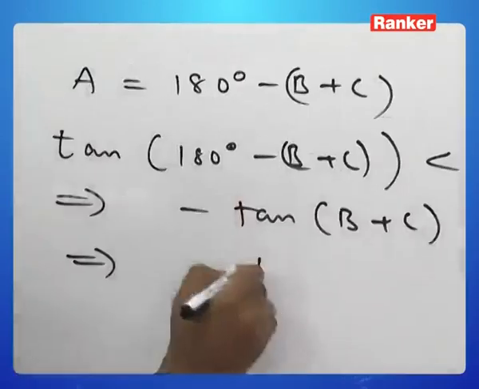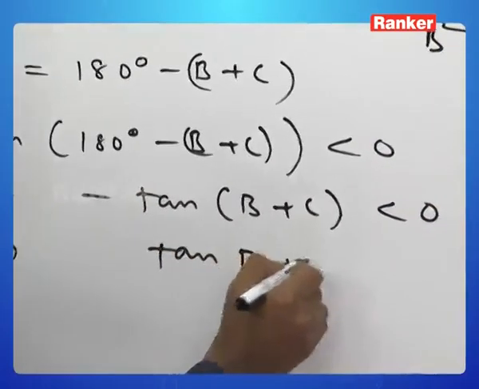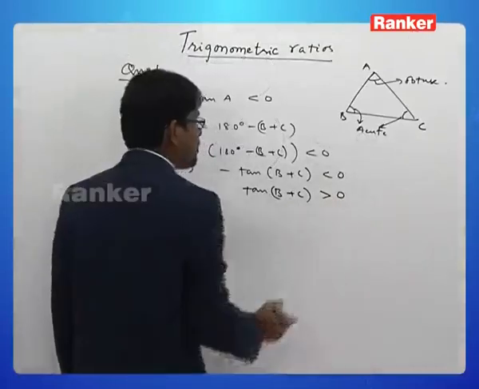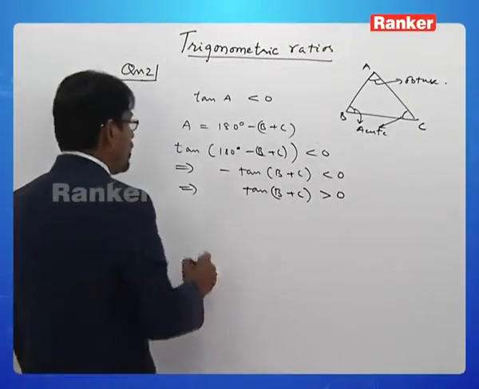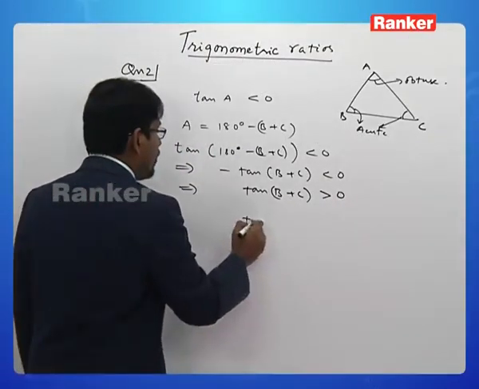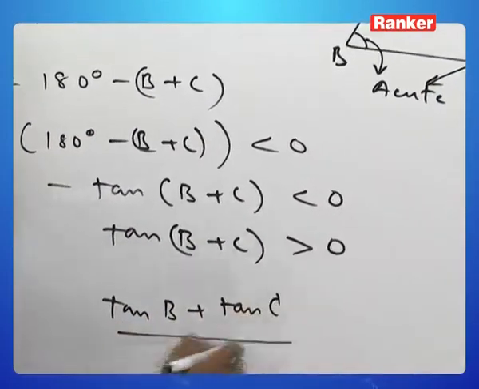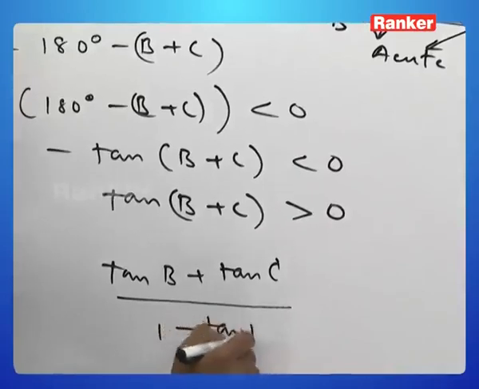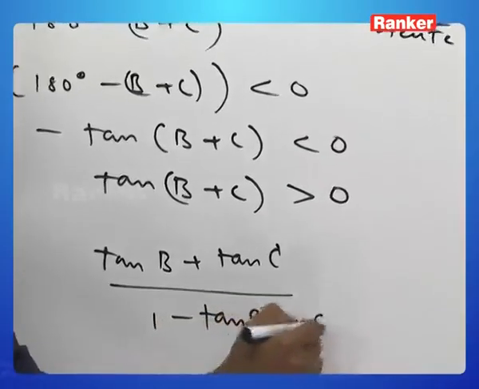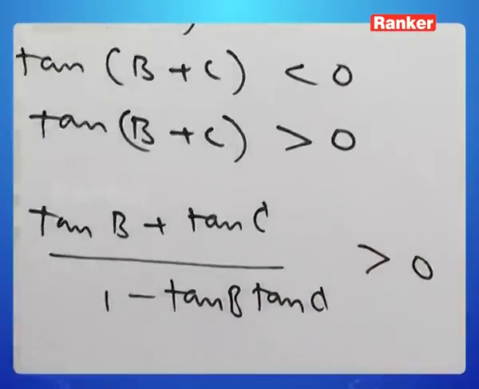So this implies tan of B plus C has to be positive. But what do you know about tan of B plus C? We know tan of B plus C is equal to tan B plus tan C by 1 minus tan B tan C. So this has to be positive.